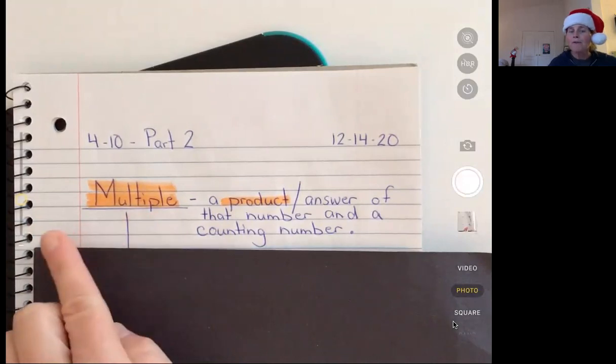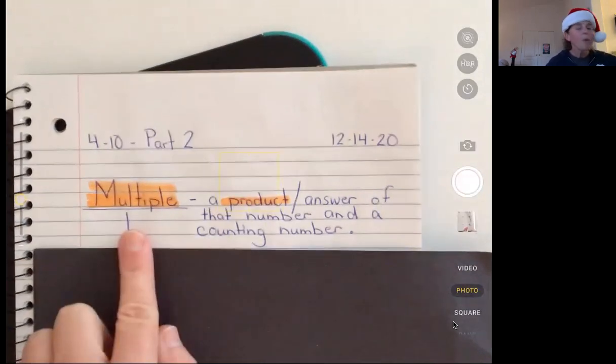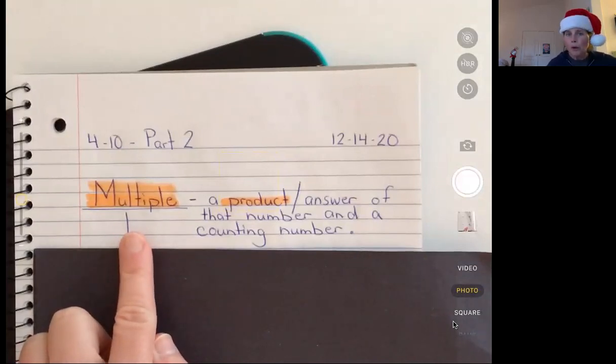So we talked about factor pairs for numbers, and we talked about those two words, prime and composite. So we'll be reviewing those today also. Multiple or multiples is the new word that I want us to get under our belts today.